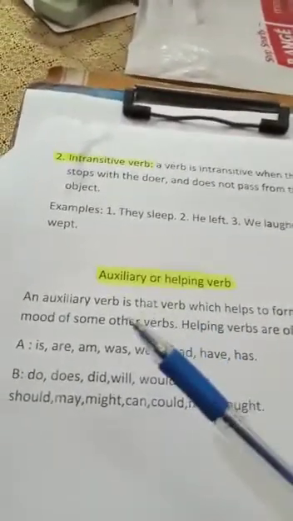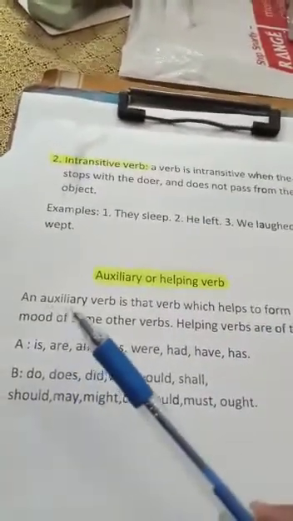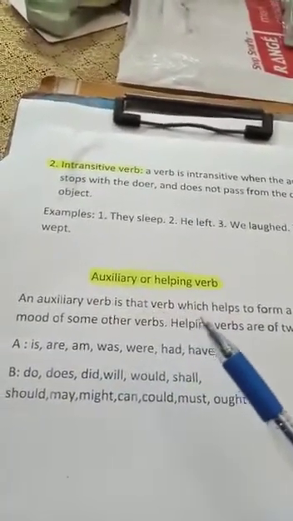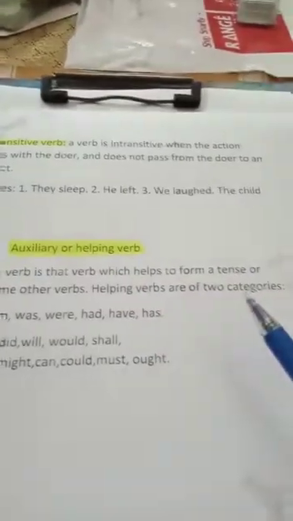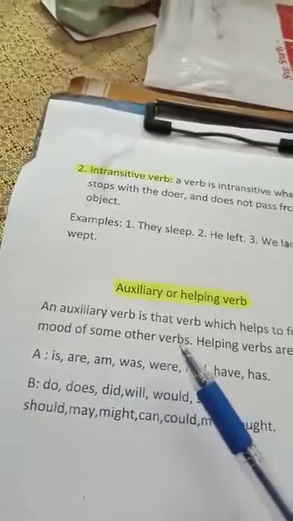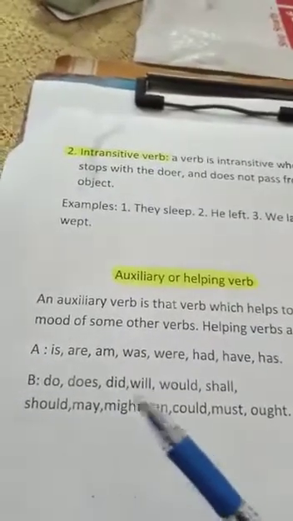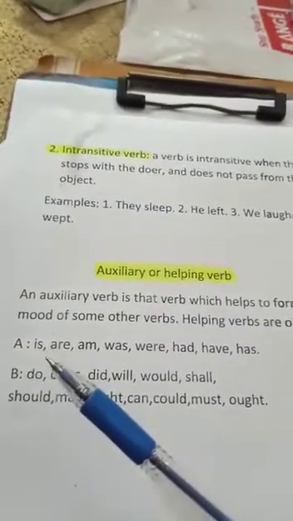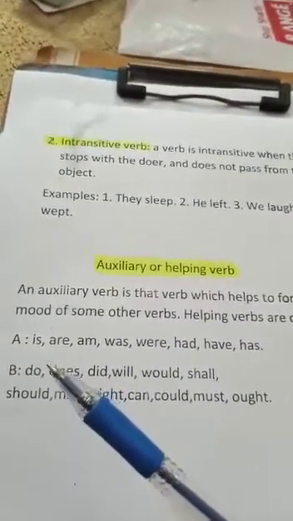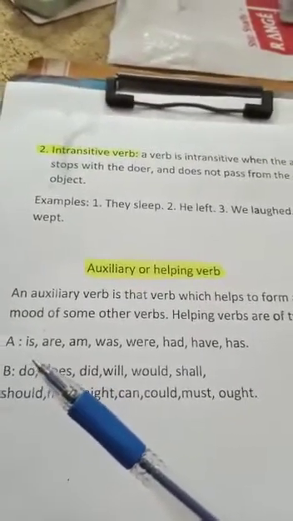Lastly, there are some auxiliary or helping verbs. An auxiliary verb is that verb which helps to form a tense or mood of some other verbs. Helping verbs are of two categories. We have divided helping verbs into two categories for our convenience.